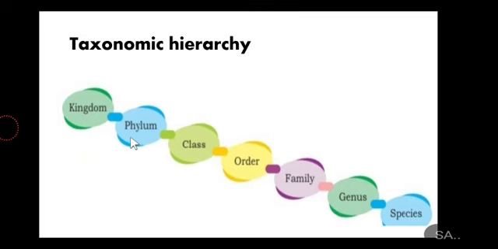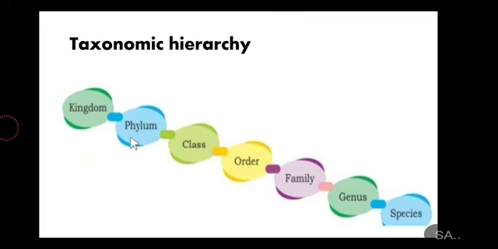Well, at this point I just want to tell you that when you are classifying animals, you use this word phylum for indicating a group. But if organisms belong to plant species, then we use division. We use the word division instead of phylum.